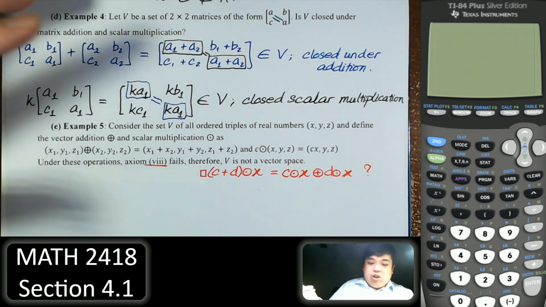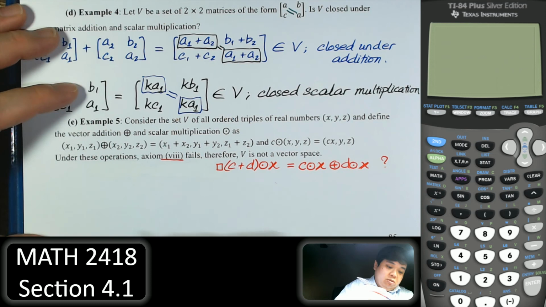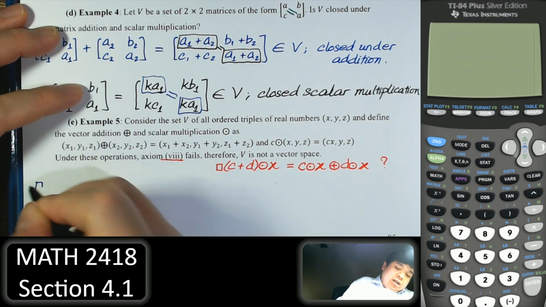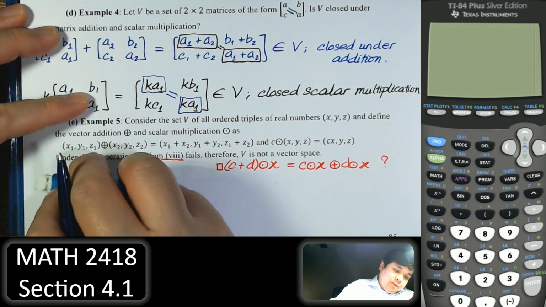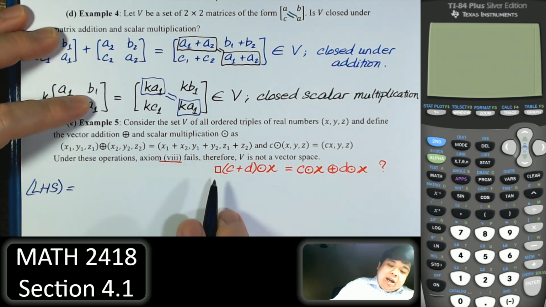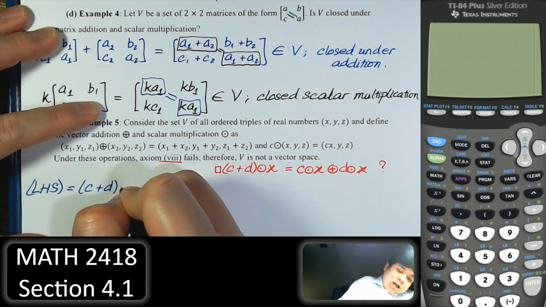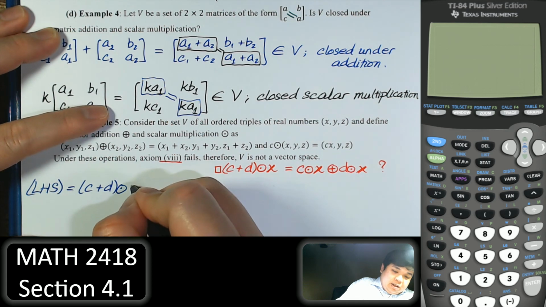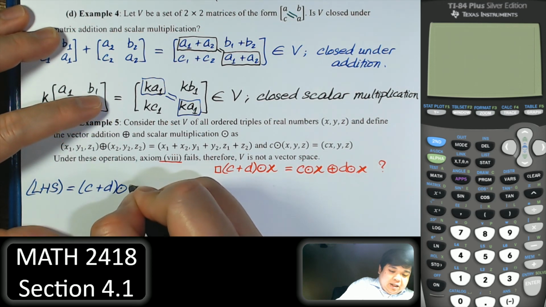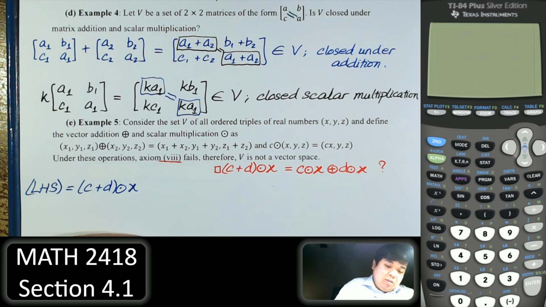Right, now just do the left hand side and the right hand side and show that they are not equal. That is the goal here. Right, left hand side. The left hand side is C plus D multiplied to the vector X, and let X be XYZ.